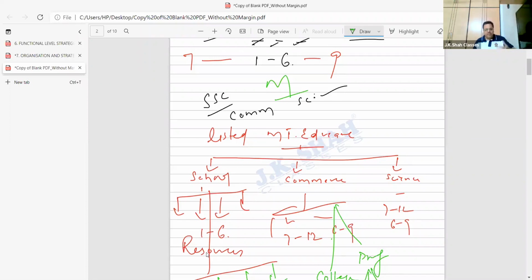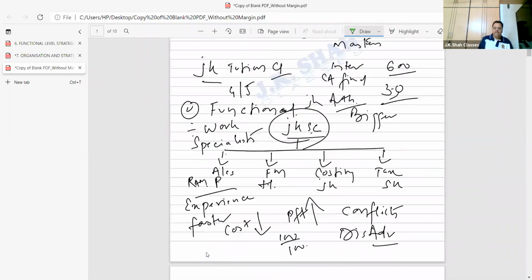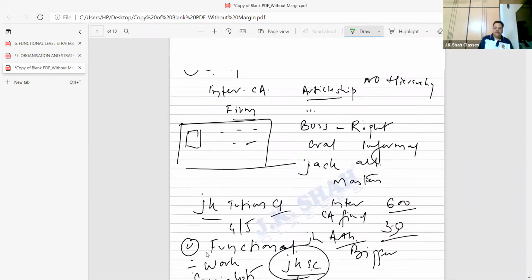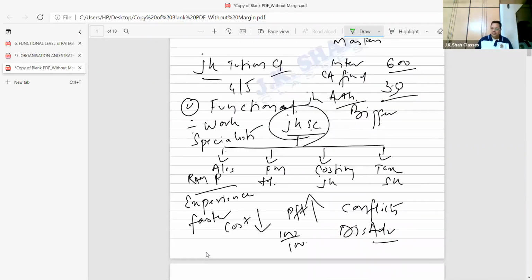Now, multi-divisional structure, divisional structure has some drawbacks. What are the drawbacks we'll study? First, please note down this, all of you. Functional, note down this, the way I've written, functional structure.